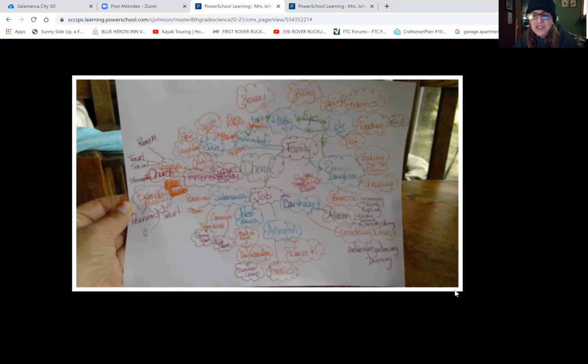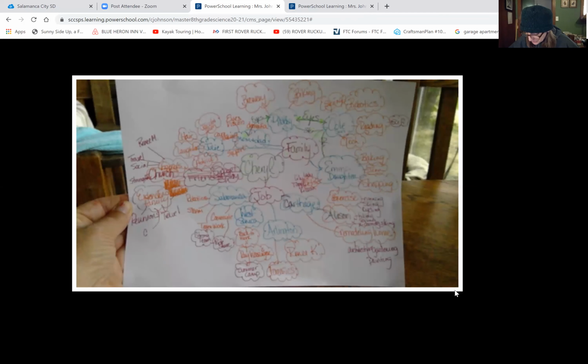You can see with my job, I have the 4 different places I've worked and all the people that are tied into that. And then last, my support system, I had my friends, I had my church family, and I connected people to all of that. So once you have your mind map done, you need to upload it and submit it to me.